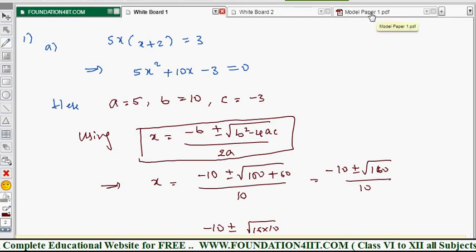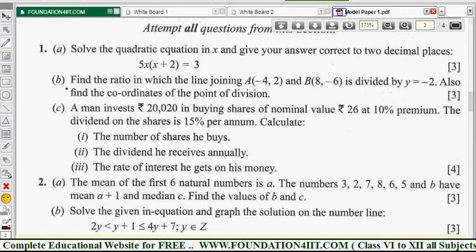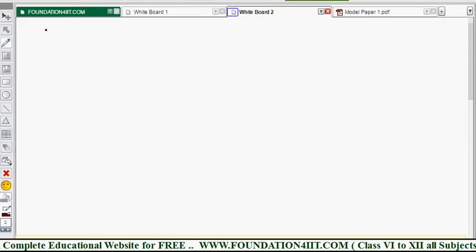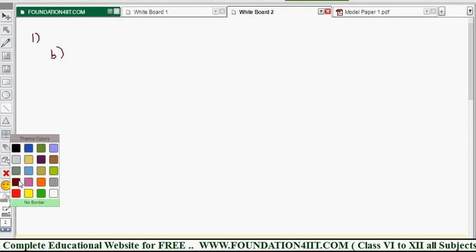Now let's see the next one. Find the ratio in which the line joining A minus 4 comma 2 and B 8 comma minus 6 is divided by y is equal to minus 2. Also find the coordinates of the point of division. Okay, so let's take this one. You draw the line, two lines.